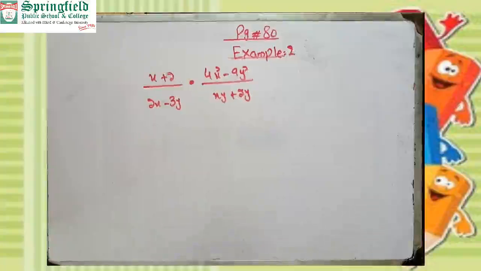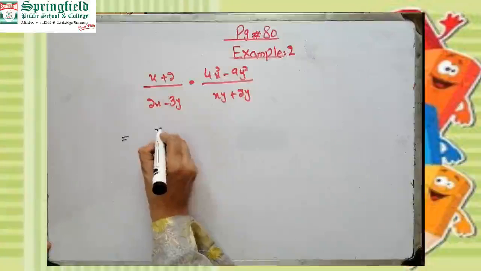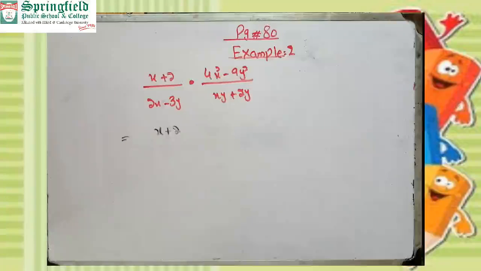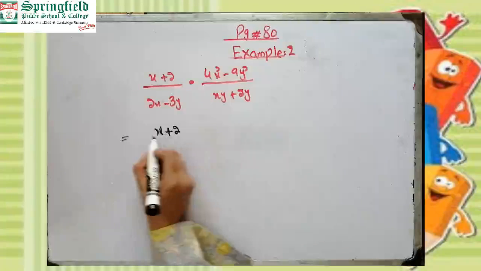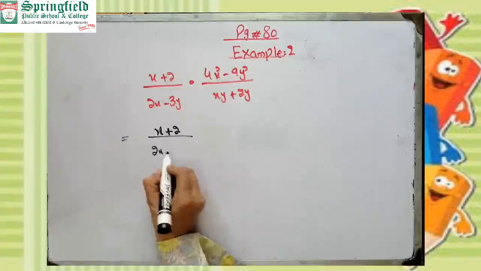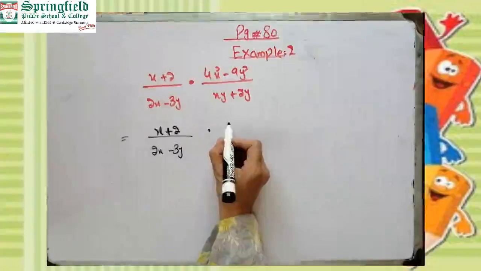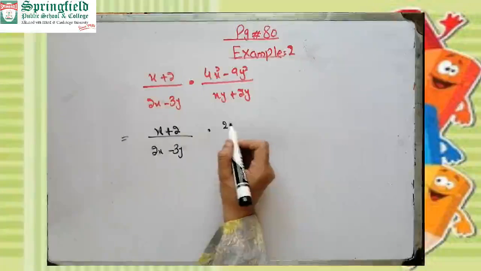Fine. Okay, now how can we solve this question? x plus 2 divided by 2x minus 3y. Fine. And then 4 can be written as 2 square, which is equal to 4.